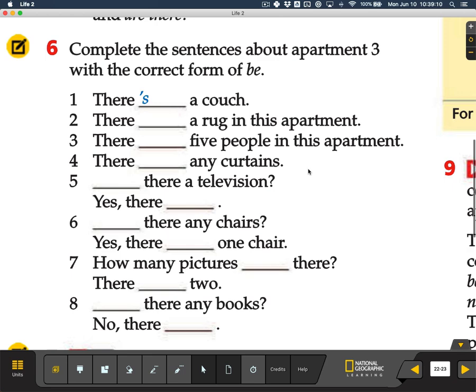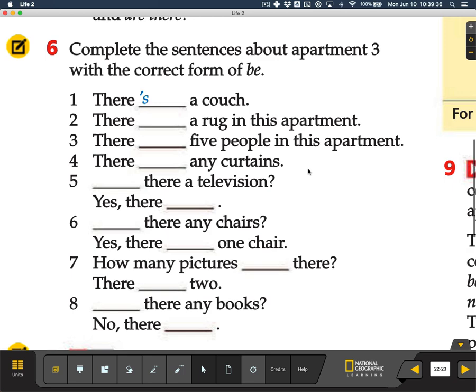Aren't there any chairs? Yes, there is one chair. Good. You see that switched, right? Because they're asking this big open question. Are there any chairs at all? Yes. And since there's only one, they have to be specific. Good. Okay. 7. How many pictures are there?